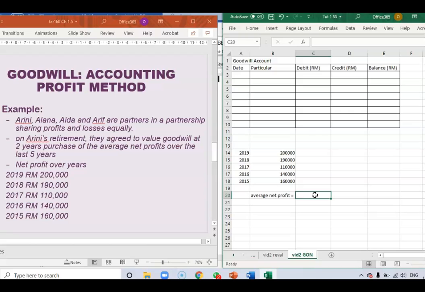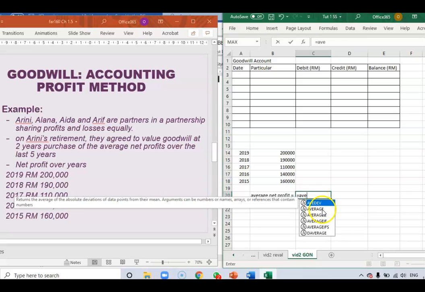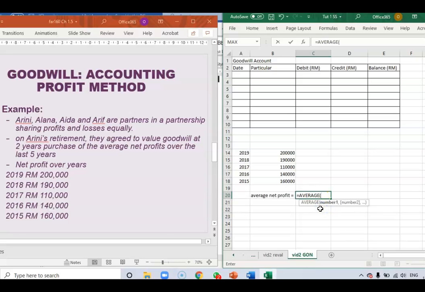Of course, you add all the net profits, from 2019 at 200,000 until 2015 at 160,000. In Excel you can use the average formula, so you put all of it in. So the average is 160,000.